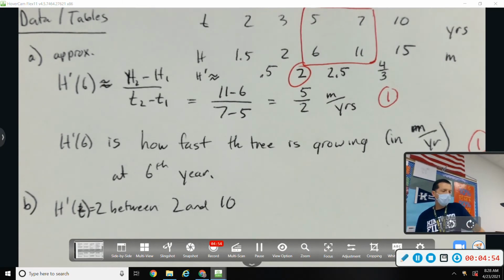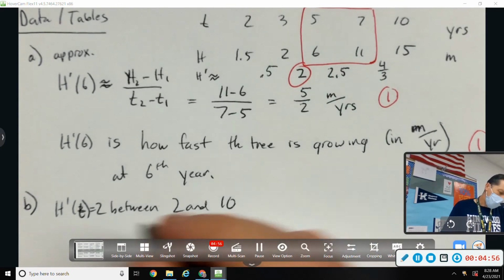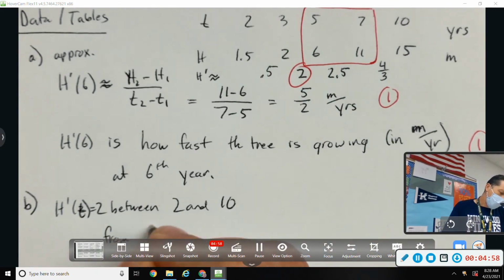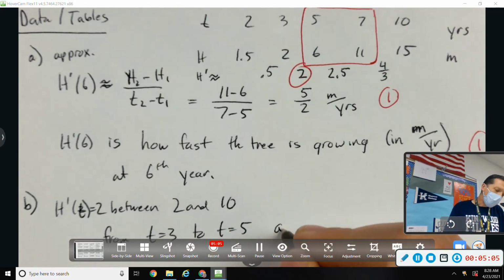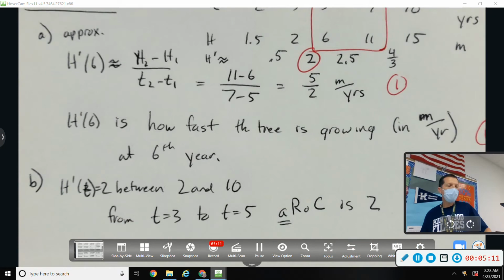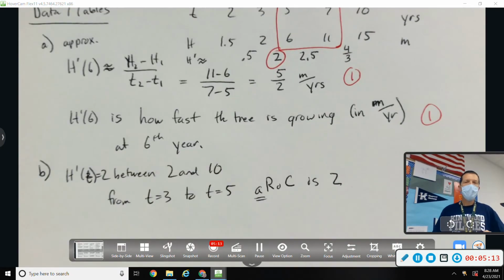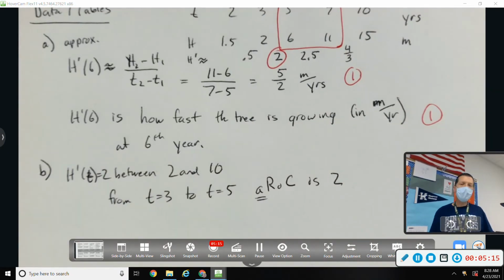Let's see. From t equals 3 to t equals 5, the average rate of change is 2. Right? That's also what we found in part A, the average rate of change.